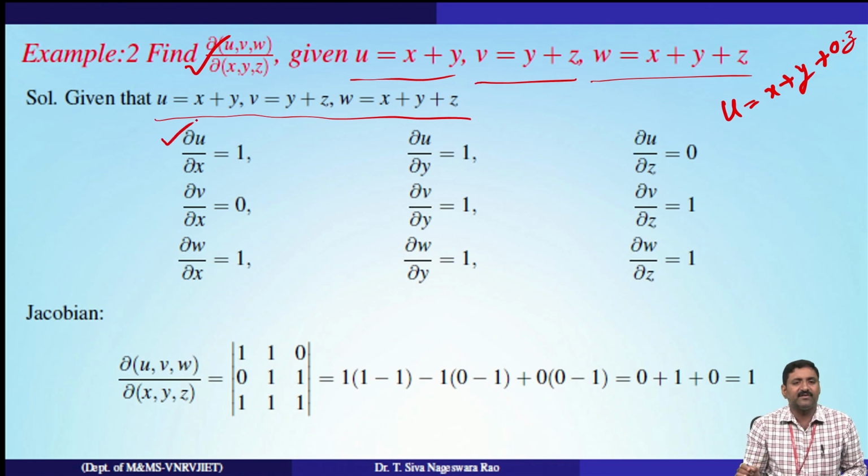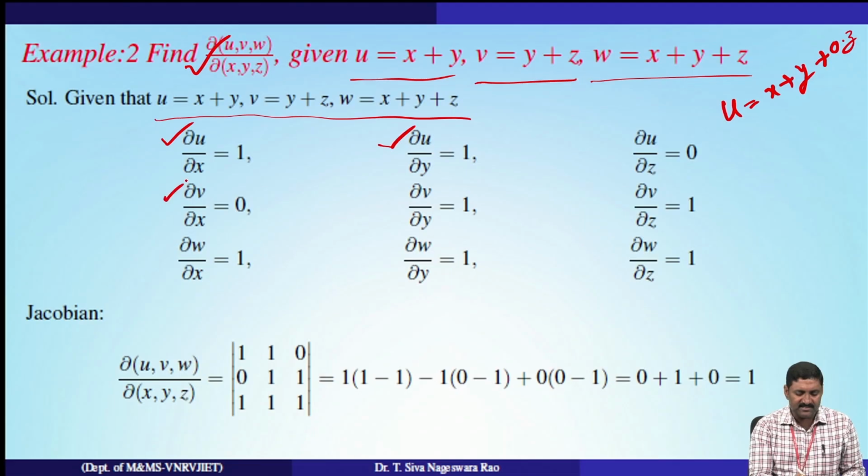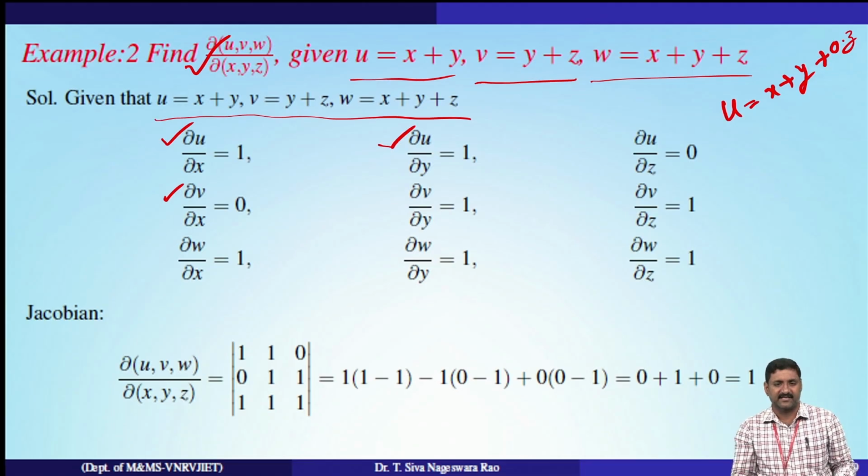So the solution is, given the u, v, w values in terms of x, y, z, we will calculate the partial derivative of u with respect to x, that is 1, with respect to y, that is 1, with respect to z, 0. In the same way, the partial derivative of v with respect to x is 0, because v is free from x. The partial derivative of v with respect to y, by treating x and z as constant, the derivative of y with respect to y is 1.